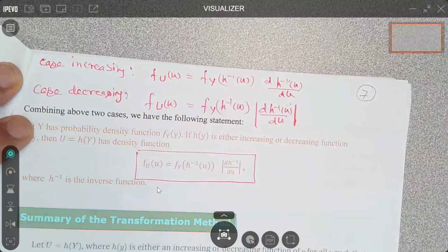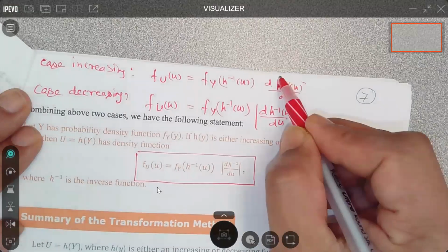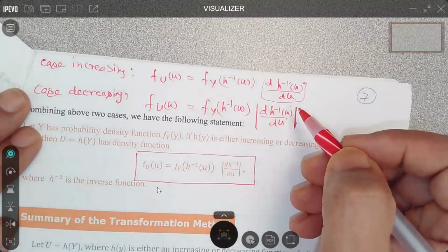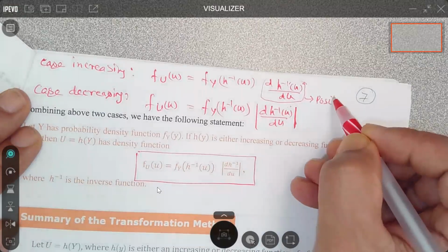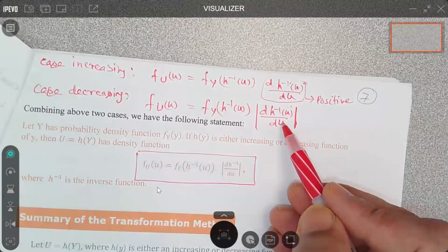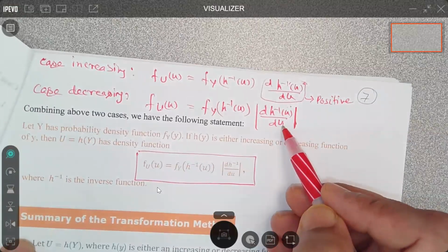In the increasing case the derivative is positive, and in the decreasing case the derivative is negative, but we take the absolute value, so this is also positive.